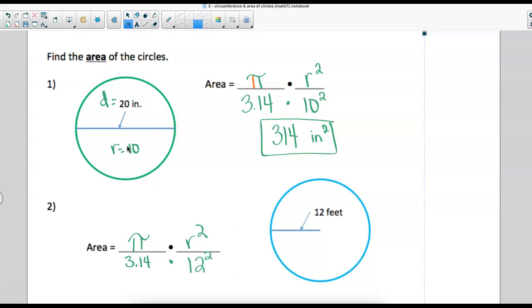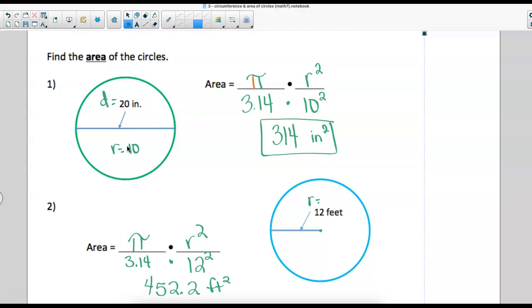So we have to do 12 squared. You have to be careful when looking at the picture. The radius goes halfway across, so this is the radius. It's the number I need. 12 squared is 144 times 3.14. Rounding to the nearest tenth, you get 452.2 feet squared.